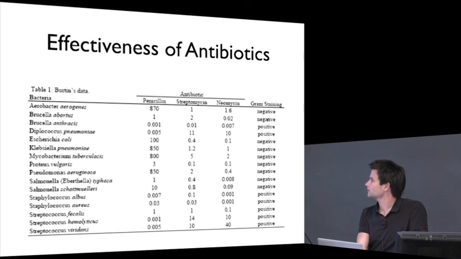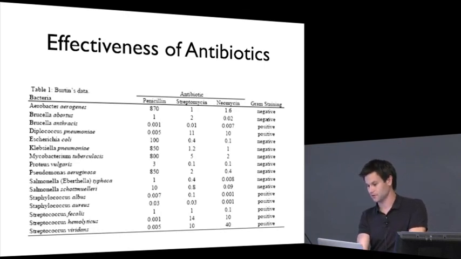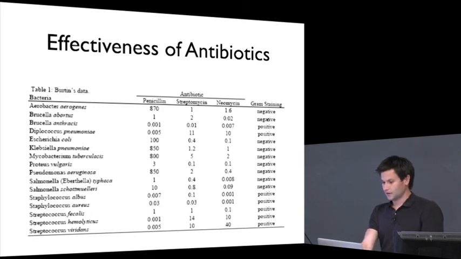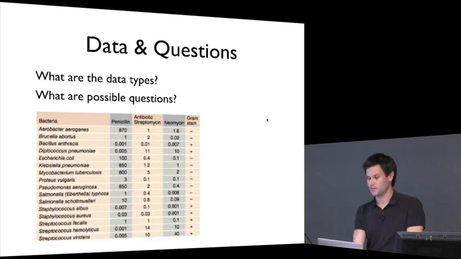And here you see the different antibiotics, which are penicillin, streptomycin, and neomycin. And here you have the gram staining, which can be positive or negative. Gram staining is hardly used nowadays. The gram staining just gives you how the bacteria reacts to the stain.